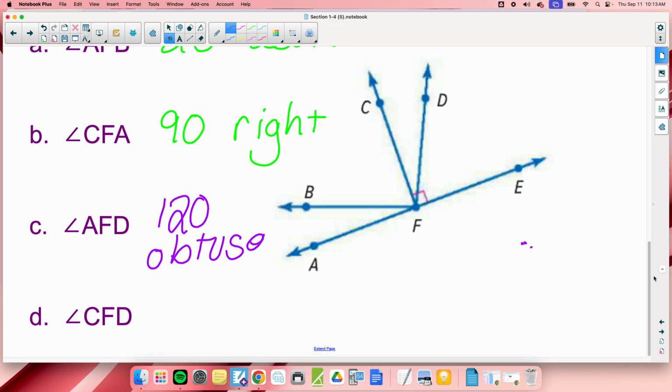Now, the reason this last one, CFD, is hard is you have to turn your protractor, okay? So CFD is this angle right here. When you do that one, that little half moon goes on F, and you can either do it this way, where this line would go up. So again, your little half moon goes here, and that bottom line could either go on this, and it would be situated this way, or you could turn your protractor.